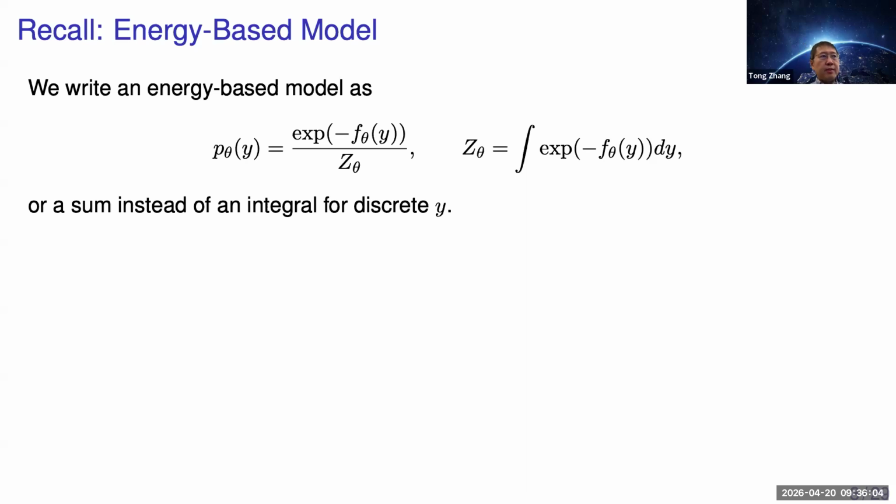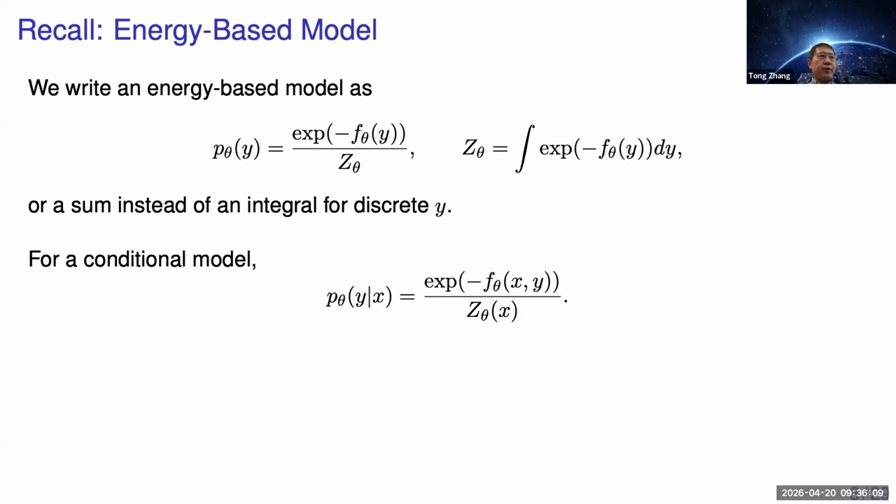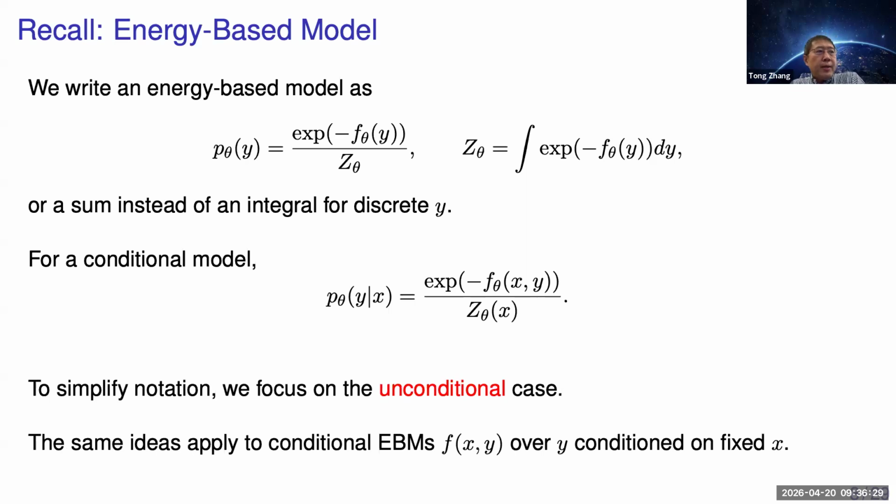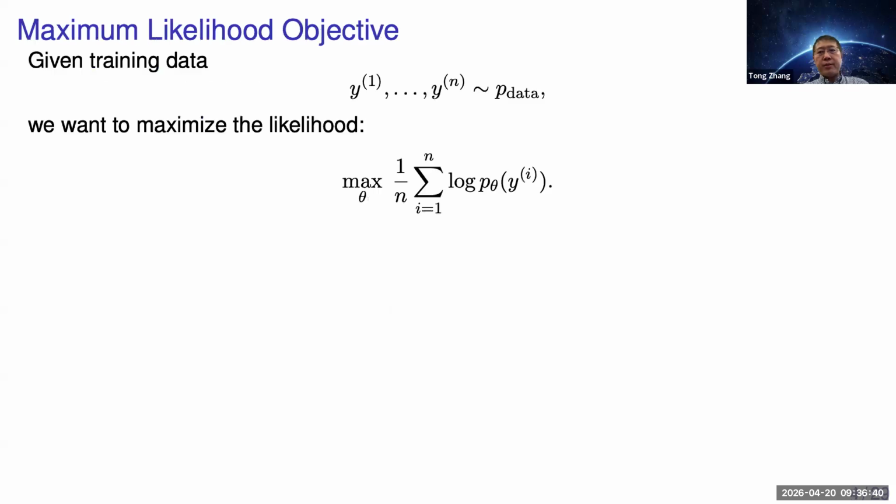So this is the model and the partition function. Clearly, the partition function is tricky. For a conditional model it is the same, as I recalled from last time, but here we focus on the unconditional setting. All three methods work the same way with a condition.